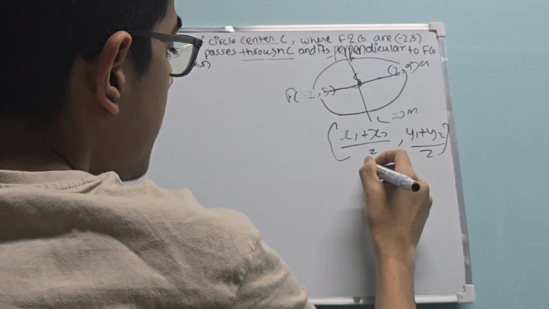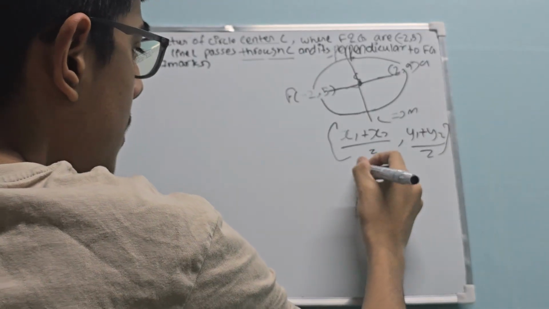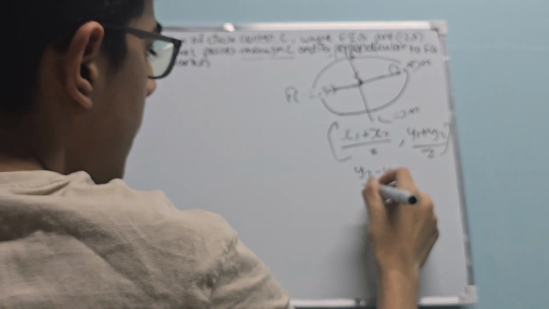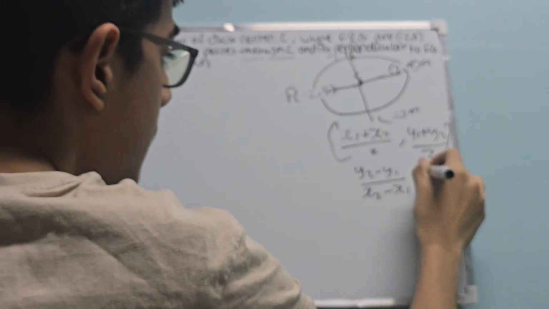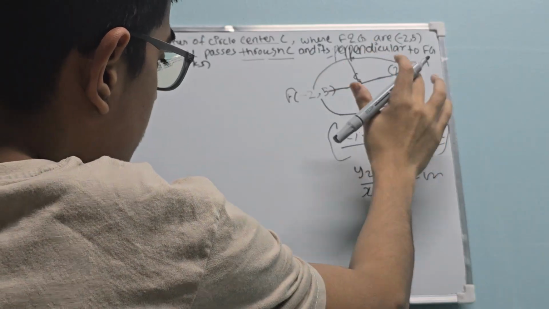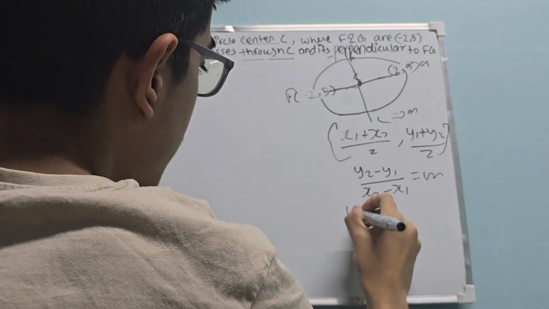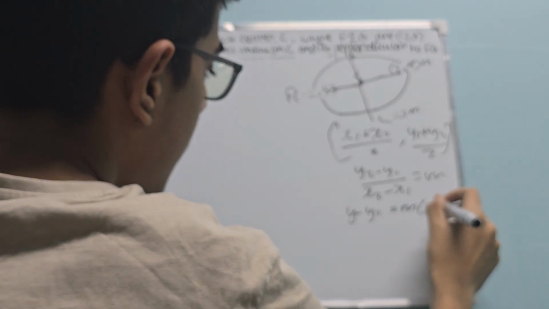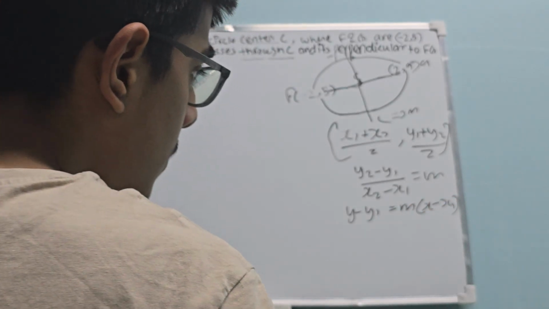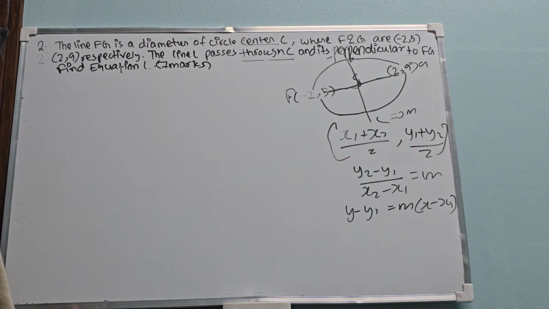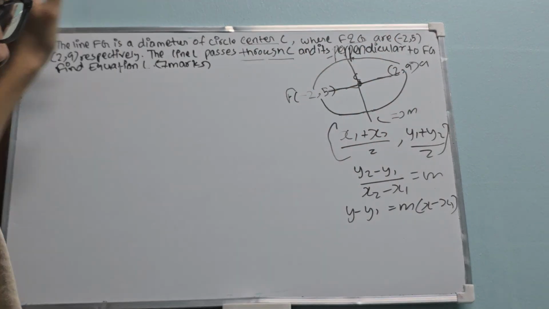And the gradient formula is m equals (y2 minus y1) over (x2 minus x1). To find the equation of the line, you should know y minus y1 equals m times (x minus x1), and I'm going to use this information.